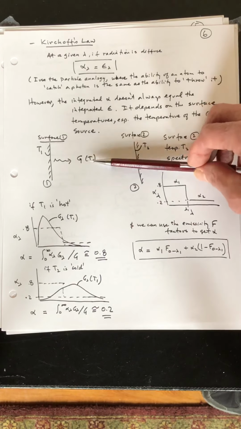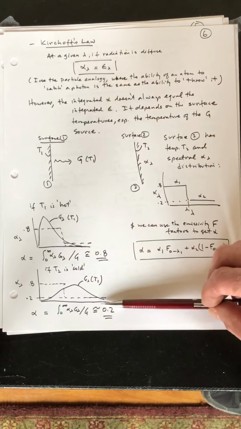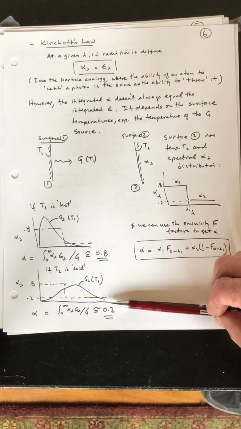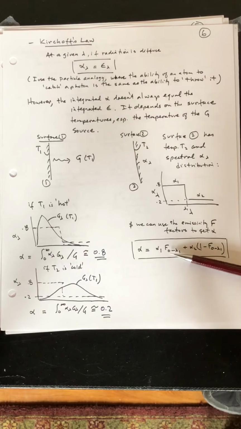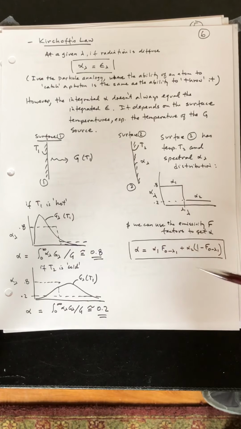If we have cold radiation coming onto the surface, then that overall absorptivity will be closer to 0.2. And we can also use essentially the staircase factors like we did earlier to get the overall absorptivity if we know alpha 1 and alpha 2 and the wavelength at which they break.